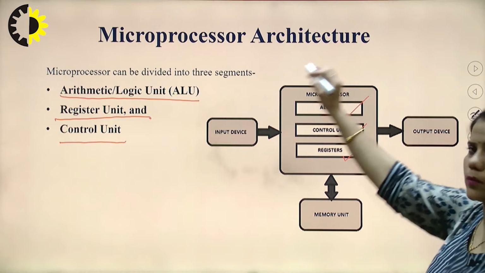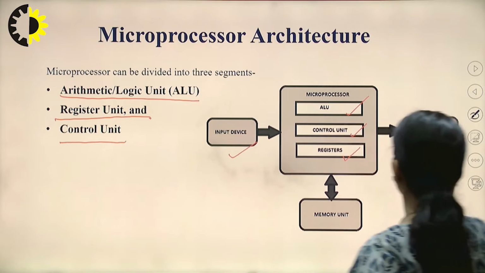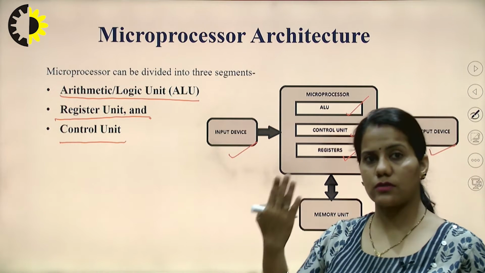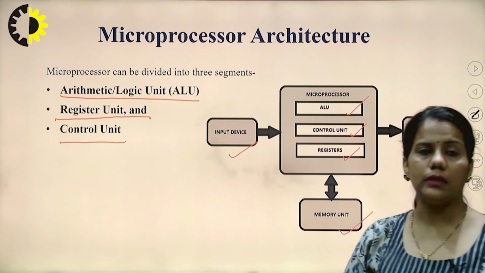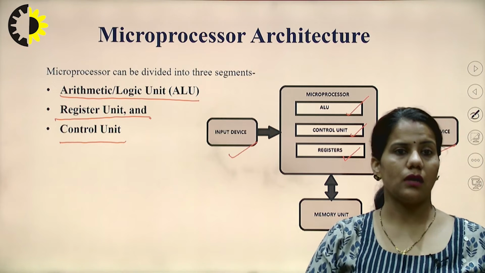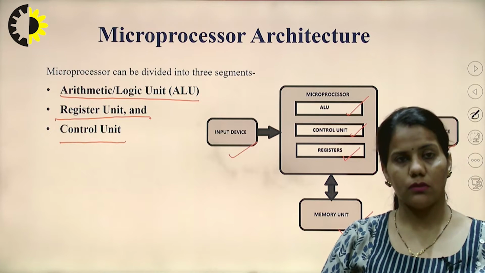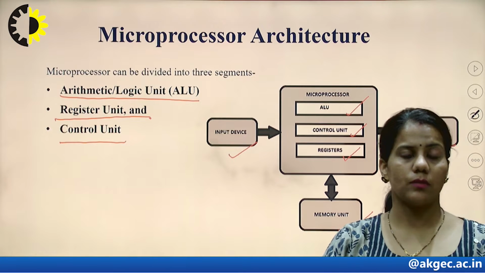This is inside the microprocessor. Here, input device, output device and memory units are attached from the external periphery. So, basically inside the microprocessor we are given only three units, that is ALU, register unit and control unit. ALU is your arithmetic logic unit.